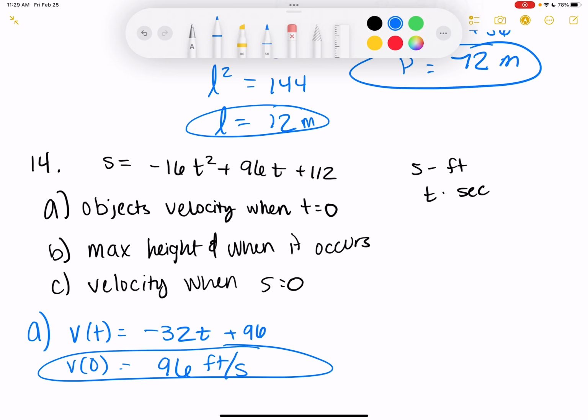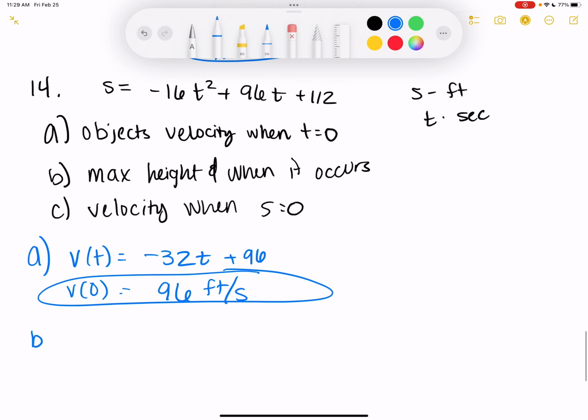So now for part A, we've been doing that since like chapter 3. No big deal. Part B wants the max height and when it occurs. So for max height, we take the velocity function and set it equal to 0. So negative 32t plus 96 is equal to 0. Subtract 96 over, so negative 32t is equal to negative 96.